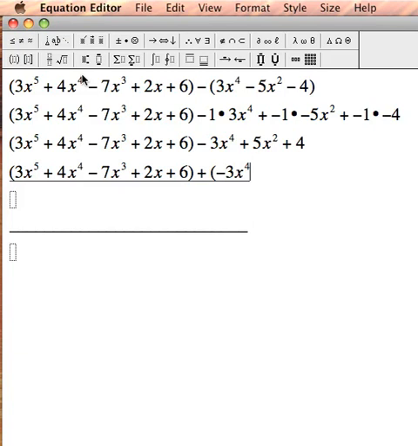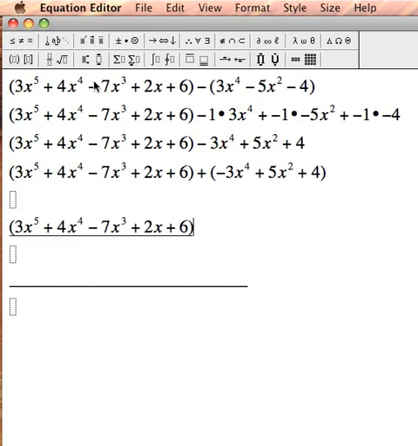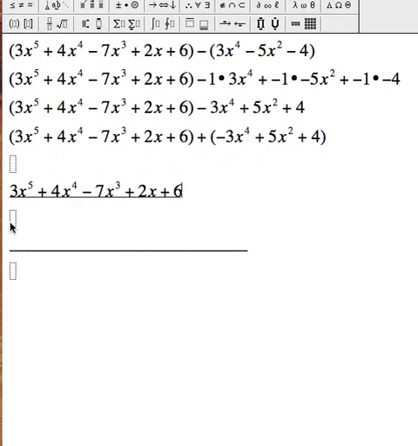So it's -3x to the fourth power plus 5x to the second power plus 4. Now I can go ahead and set up my addition. So again, the first chain is going to stay unchanged. So let's just write that out. Now the next chain, let's fill in all the blanks.